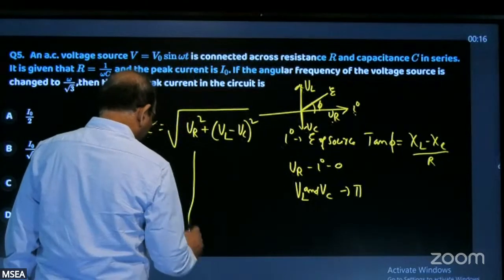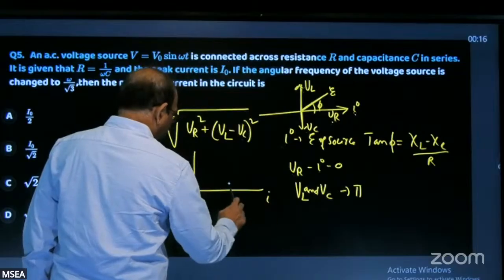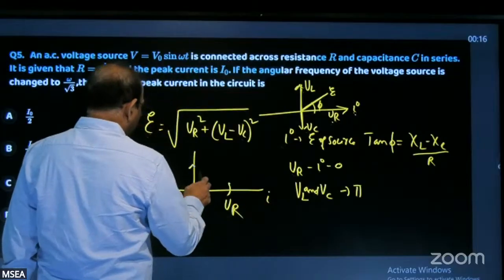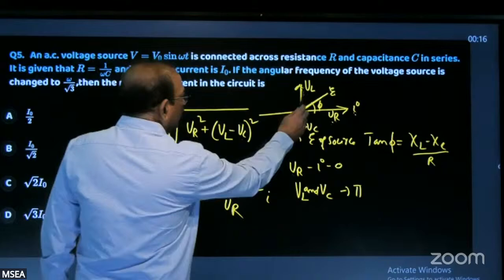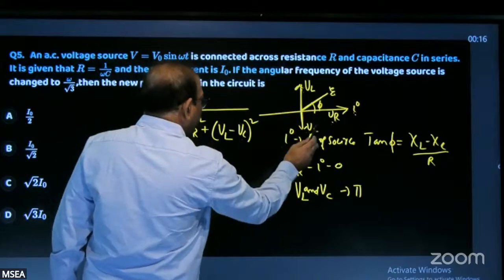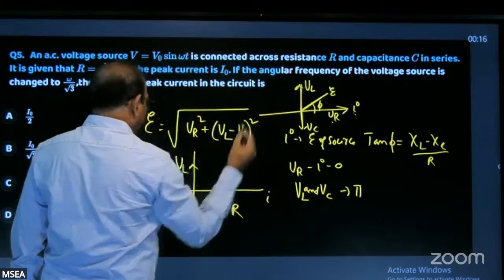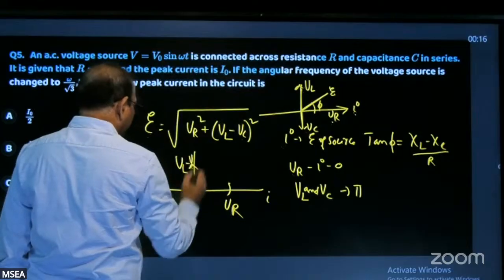You now have that phasor diagram. VL greater than VC, if you assume, these two resultant is VL minus VC.